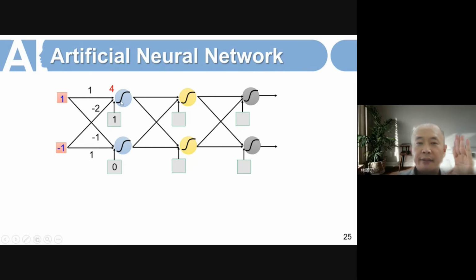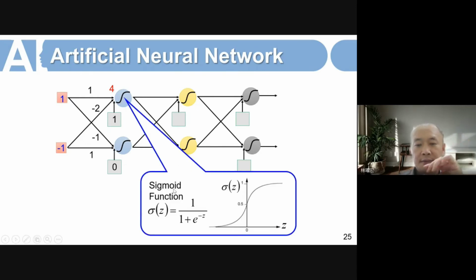And here we have an activation function, in case we use the sigmoid function. Here is the equation of the sigmoid function, and here is the curve of this function. The input is 4, the output will be 0.98. Here is the output of this neuron. It's the same process for this neuron. The output will be 0.12.